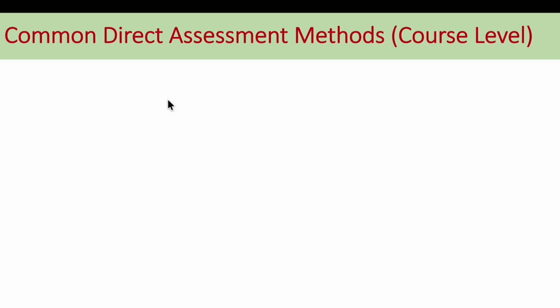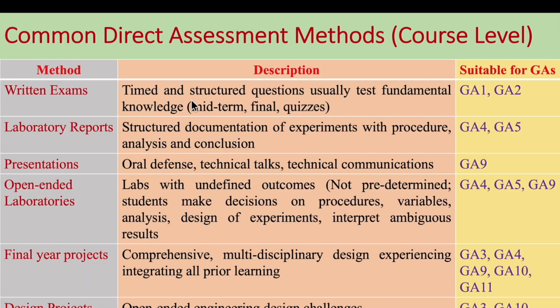A written exam has timed, structured questions that usually test fundamental knowledge, like midterm, final and quizzes, and belongs to PLOs or graduate attributes GA1 and 2. Laboratory reports are structured documentation of an experiment with procedures, analysis and conclusions, belonging to GA4 and 5. Presentations, or oral defense and technical talks, technical communication, belong to GA9.